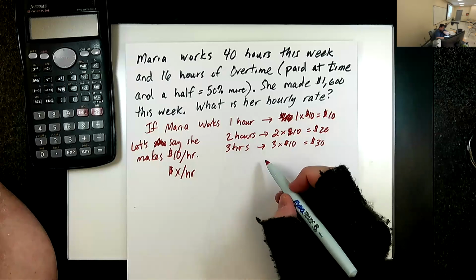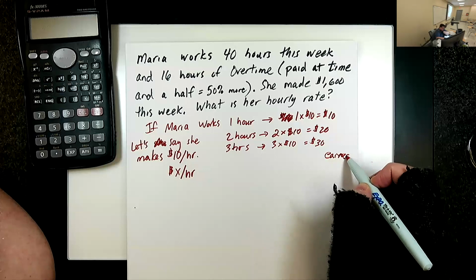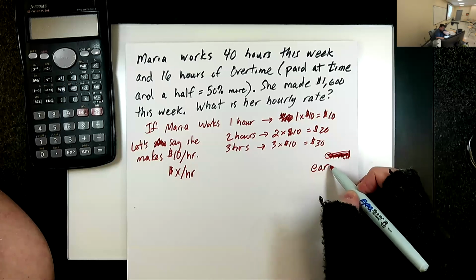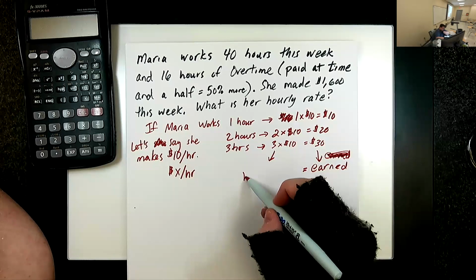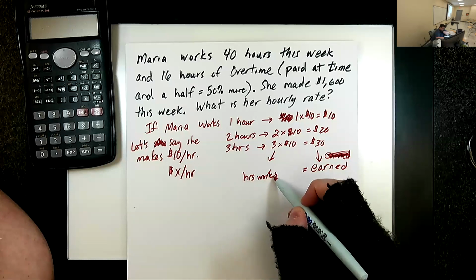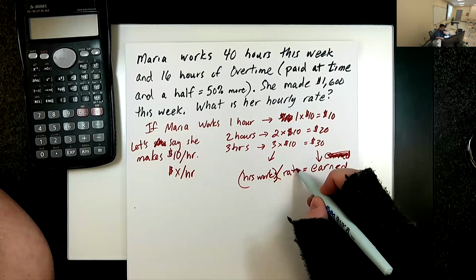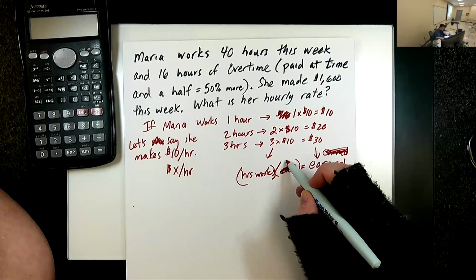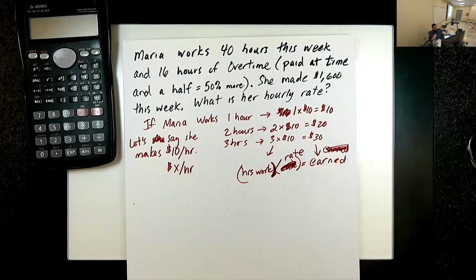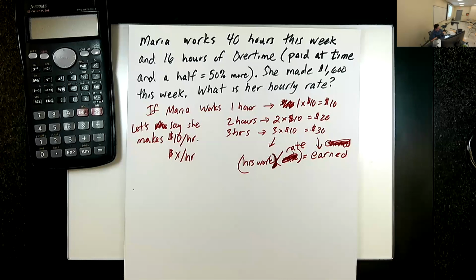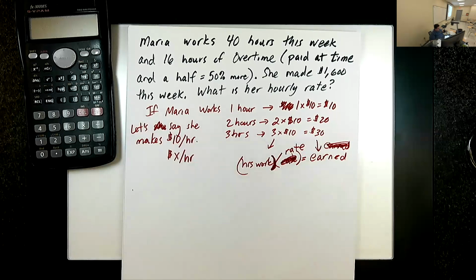I'm taking how much she earned, that's this thing right here. That equals hours worked times the rate. Right? So 3 times the pay rate is 30.